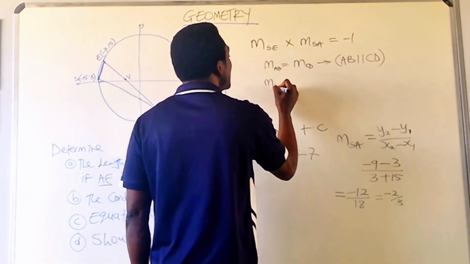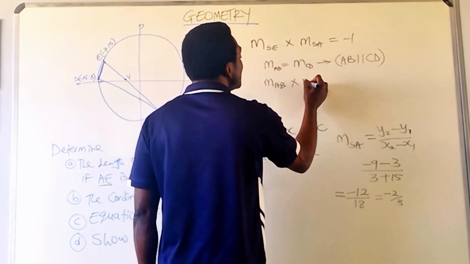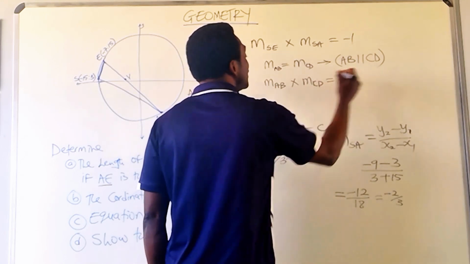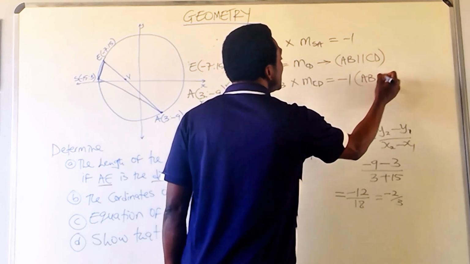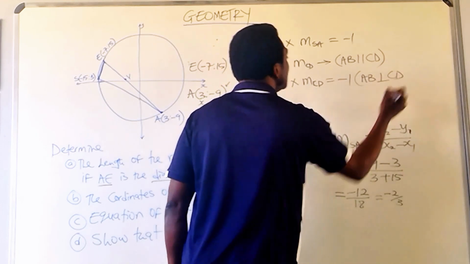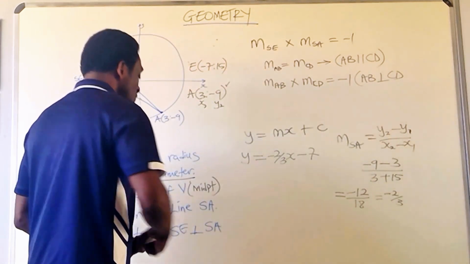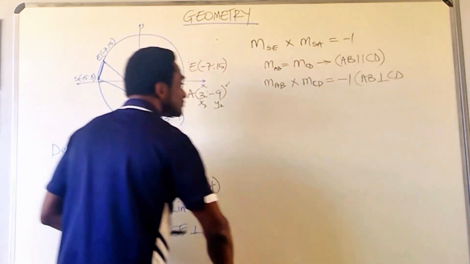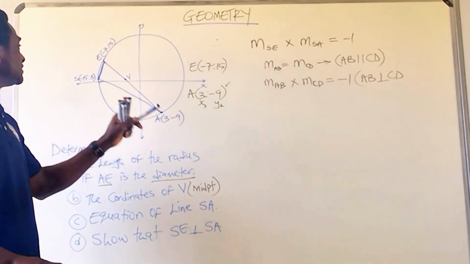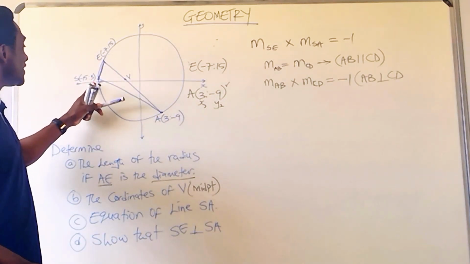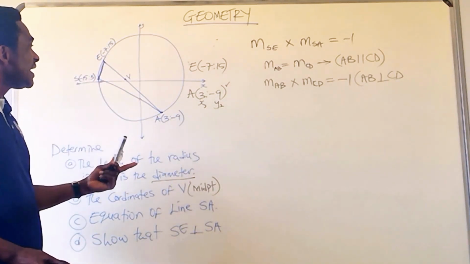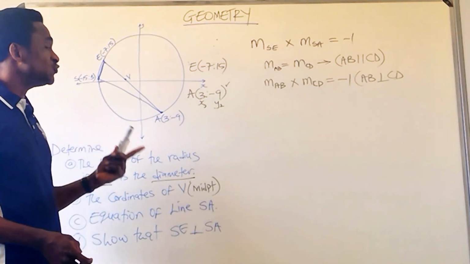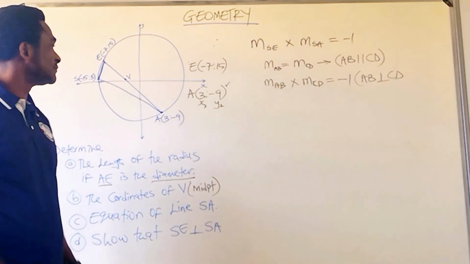If the gradient of AB times the gradient of CD gives us negative 1, then we know that AB is perpendicular to CD. So this is what we are going to look out for going forward. Now we need to get the gradient of SE and the gradient of SA. If they are perpendicular, when we multiply them, it will give us negative 1.